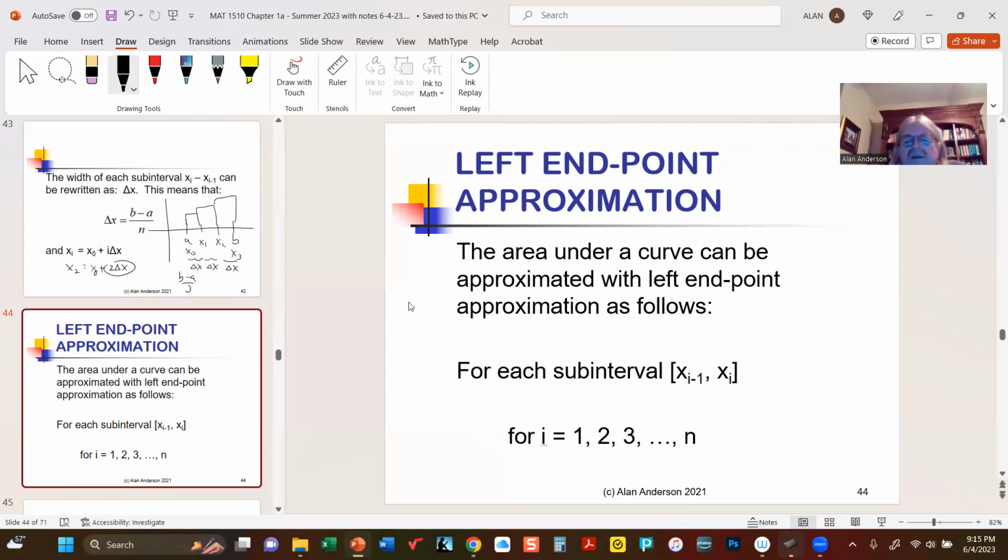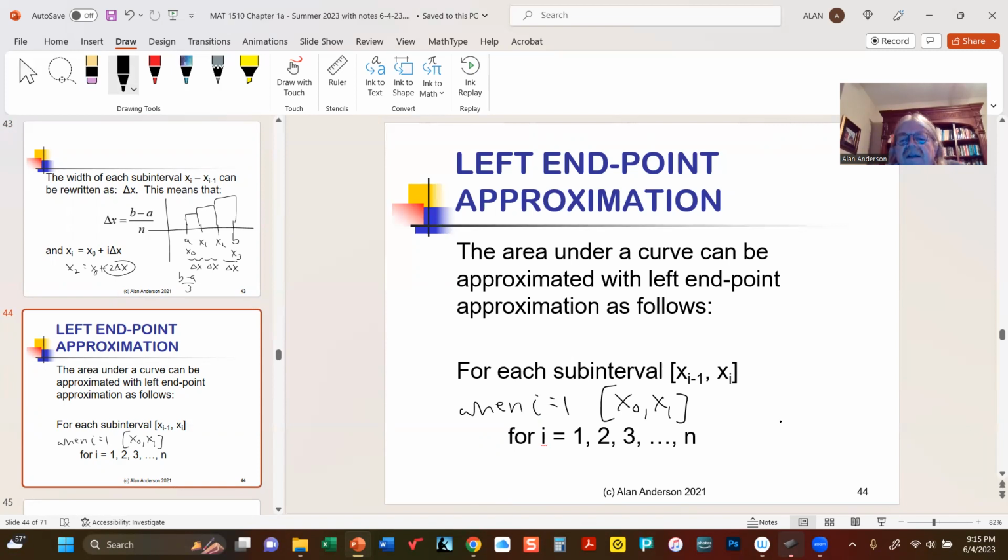Now if you notice the way it's written, i has to start at 1 so that for the starting point, this interval represents x0, x1. And then it goes up to n.